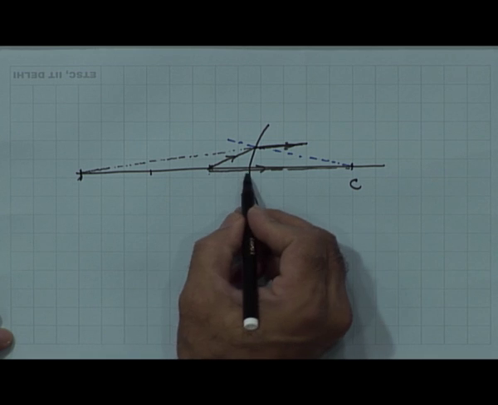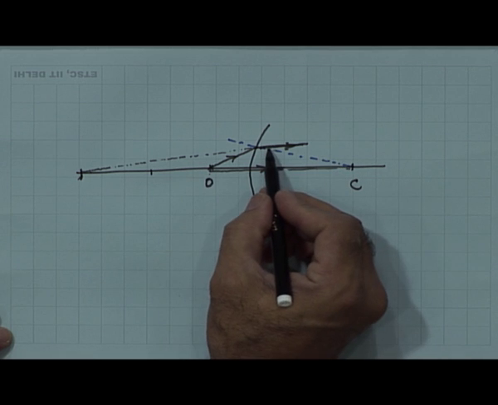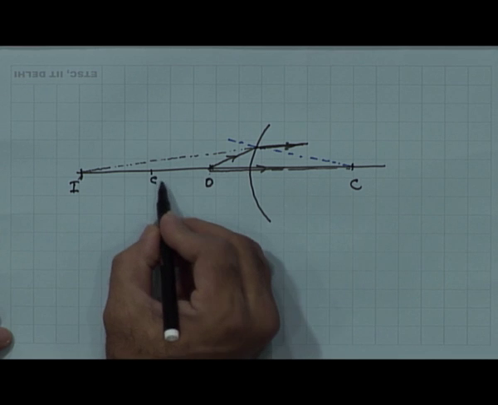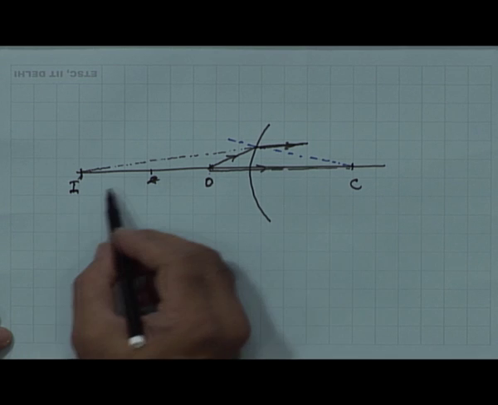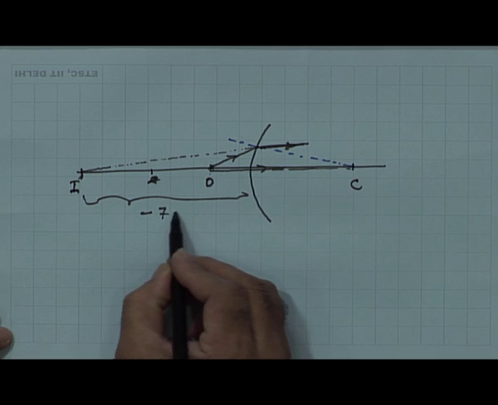So, this was the object distance, this was O, and therefore, it forms a virtual image at this image distance, and this is what we got as the answer, minus 75 centimeter.